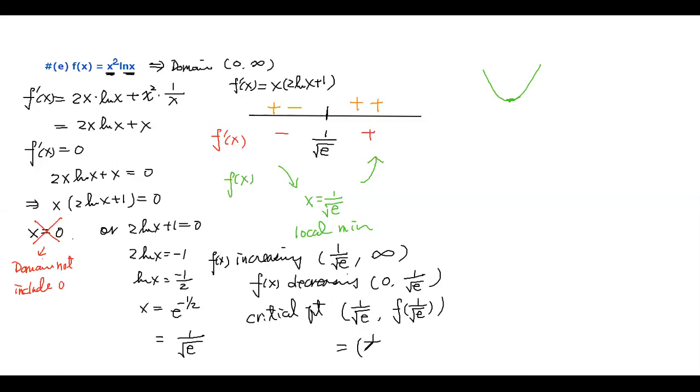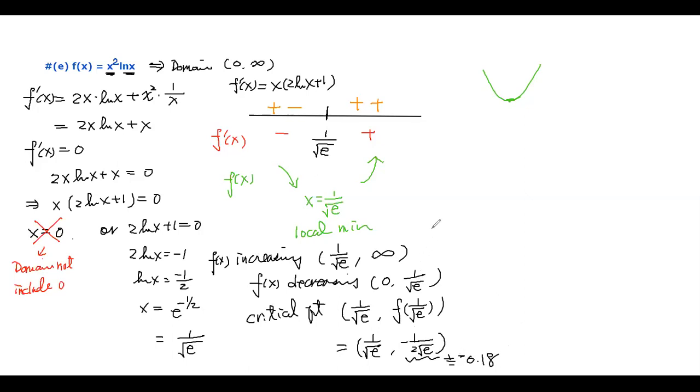So this will be negative 1/2 times e to the negative 1/2. Okay, you can use your calculator to do that, and this number is approximately 0.18. So this will be negative 0.18. Yeah, so don't forget the negative sign here.